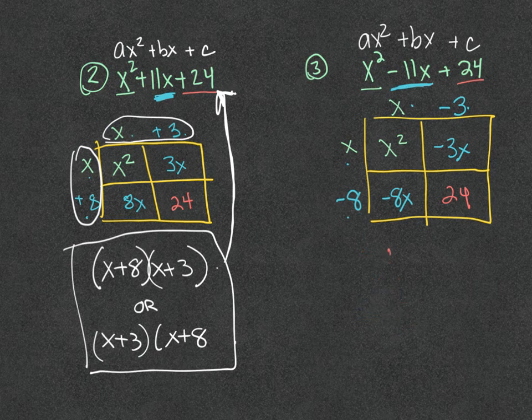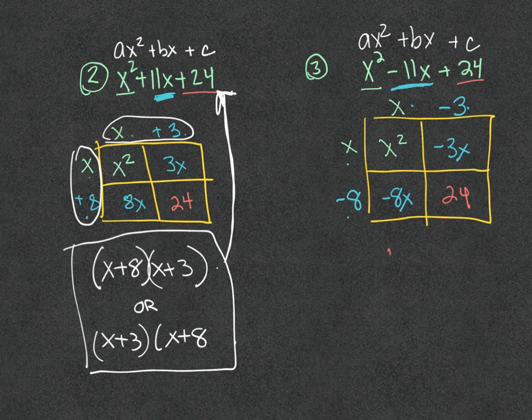And so let me go and check to make sure that I've done this correctly. Here's my x squared. There it is in the original. If I combine these, a negative 3 and a negative 8 will give me a negative 11. And there's my positive 24.